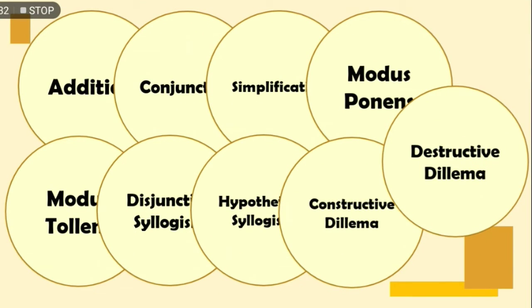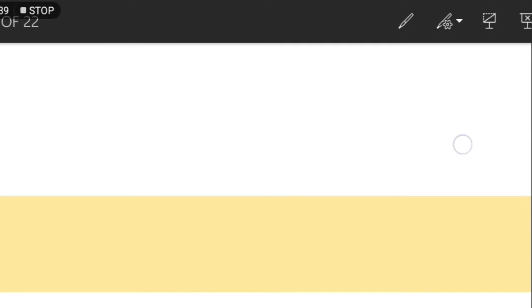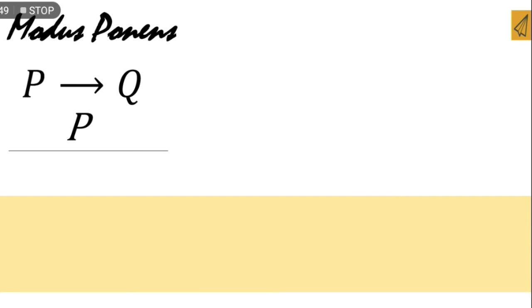Next rule, modus ponens. If P then Q and P are two premises, we can derive, with the use of this rule, Q. Therefore, Q. Let's have an example.